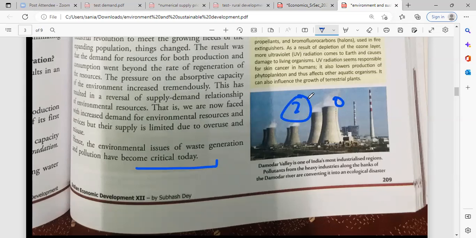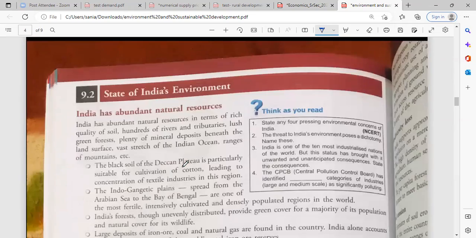I gave them oranges. They just peel them and that's it. But if I had 10 people, the waste generation for 10 people is going to be tremendous, right? So hence the environmental issues of waste generation and pollution have become critical today, because population exploded and everybody needs technology, right? So this is the problem.